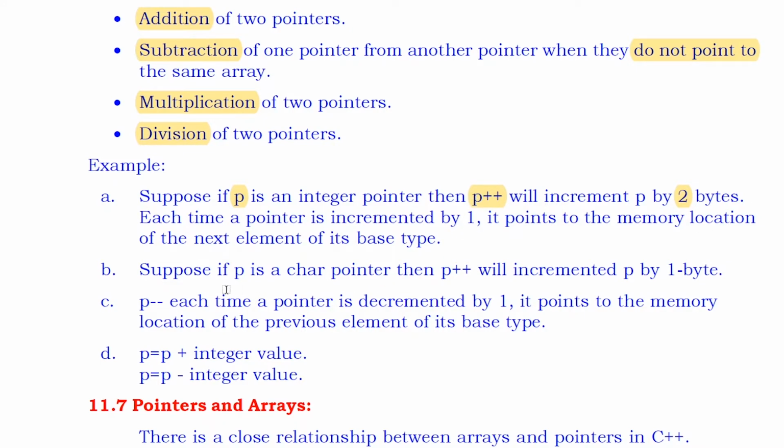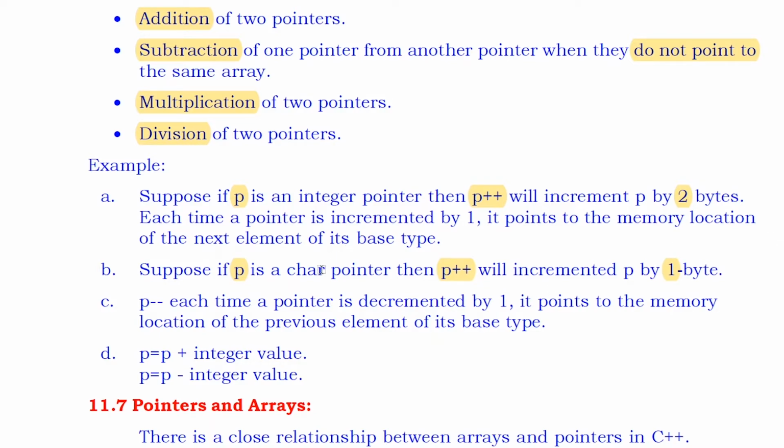Similarly, if p is a character type, it is exactly similar: it is increased by 1 byte. The same goes for float and long integer, which are different data types. Depending on the base type, that is the data type, it will be increased by 4, by 8, by 2, or by 1.